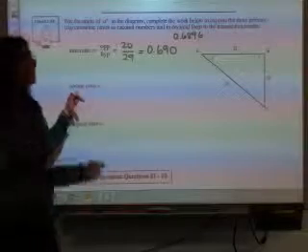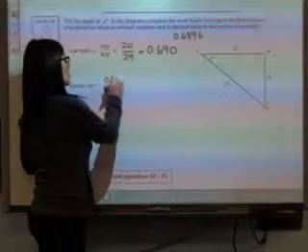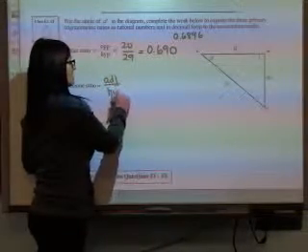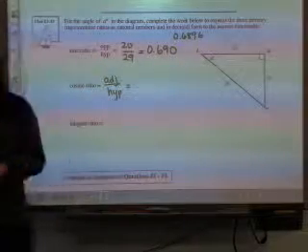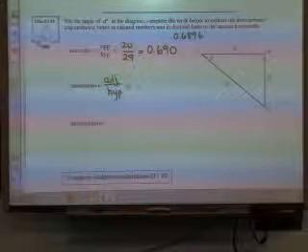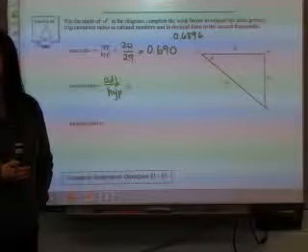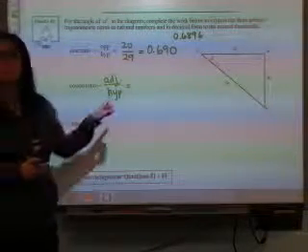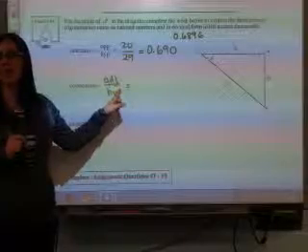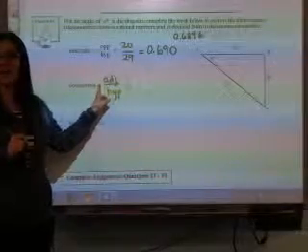So the cosine ratio, which is the adjacent over the hypotenuse, what is the length of my adjacent side? 0.7. That would be the ratio. What's the length? How long is the adjacent side? 21.